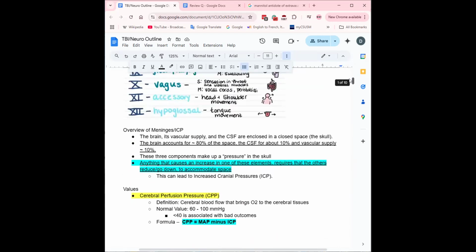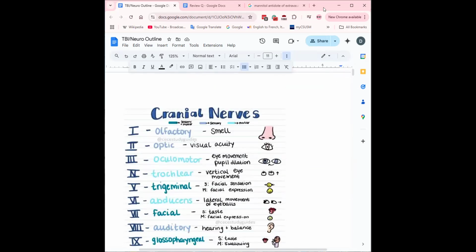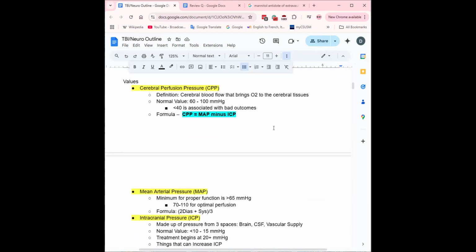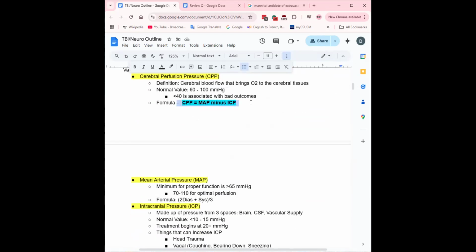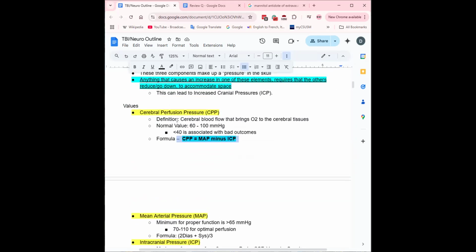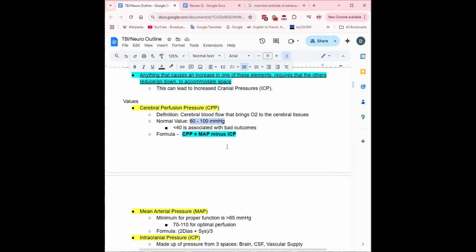So let's actually look back from the beginning and go over what I think is the most important stuff. Definitely know your CPP, your formula for it, what's normal, what's abnormal. Make sure you get an understanding. This is the amount of blood to your brain, which is good. You don't want too little, you don't want too much, you want it within this range.